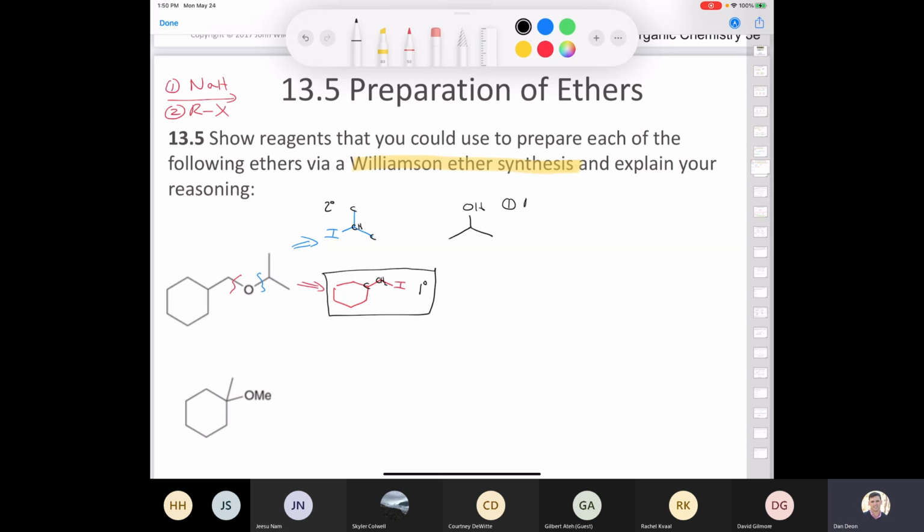In the first step, we're going to treat it with sodium hydride. And in the second step, we're going to treat it with the primary alkyl halide. And if you wanted to choose a bromide instead, that's fine. I'm going to stick with the iodide just because, okay? And then that's going to give you the desired product.